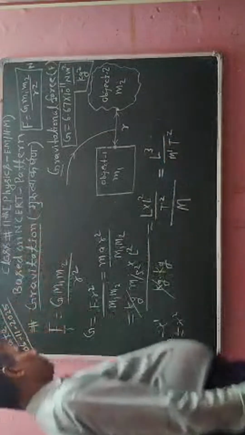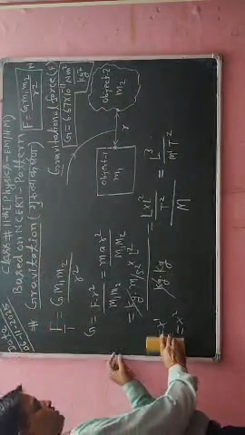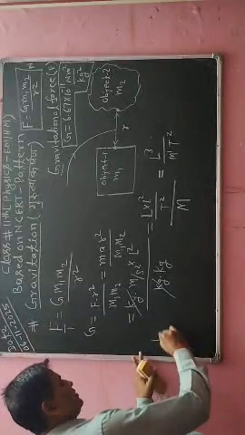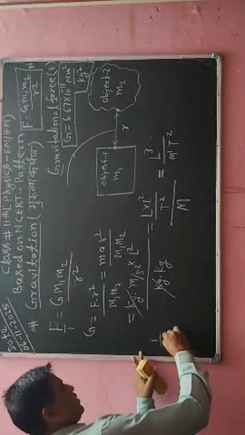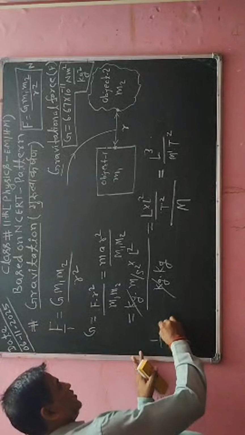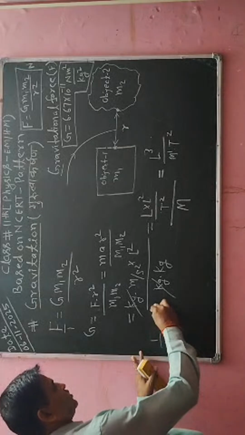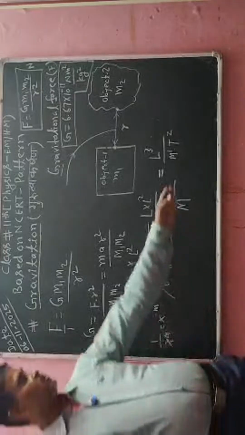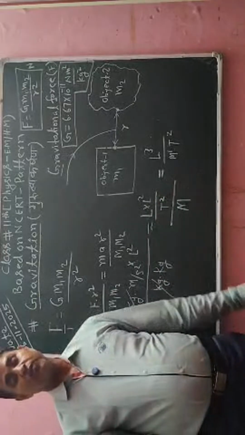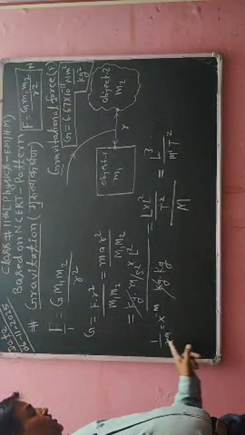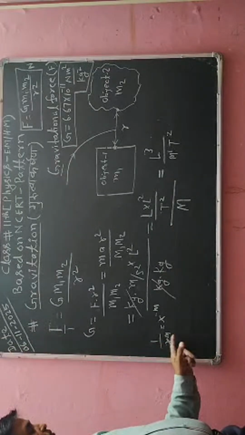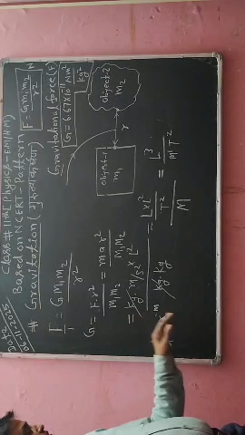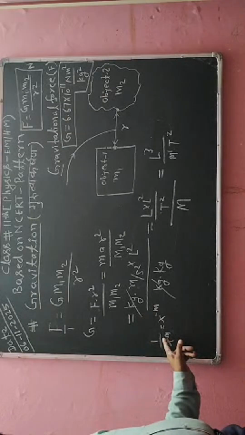Okay, now one piece of information I'm also going to tell you, and you have to follow it positively. If any value is given as x to the power m, and it goes upside, I can put here x to the power minus m. So this concept I have to use here to evaluate the dimensional formula of capital G. So 1 by x to the power m. The power will be negative when it goes in the up direction, and when it goes downside, the power will be positive.